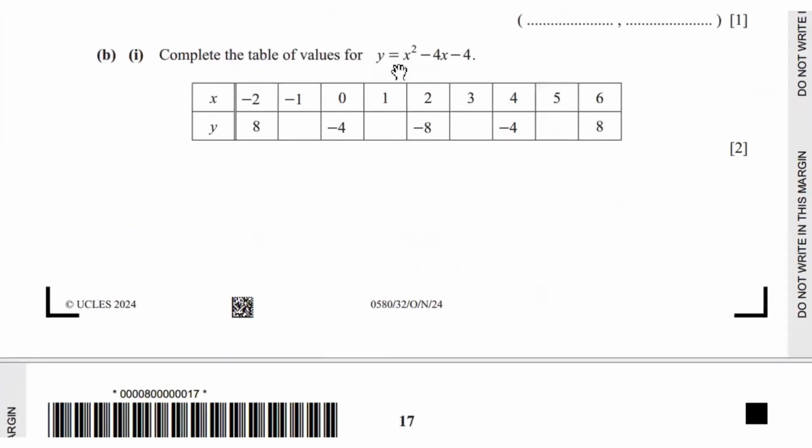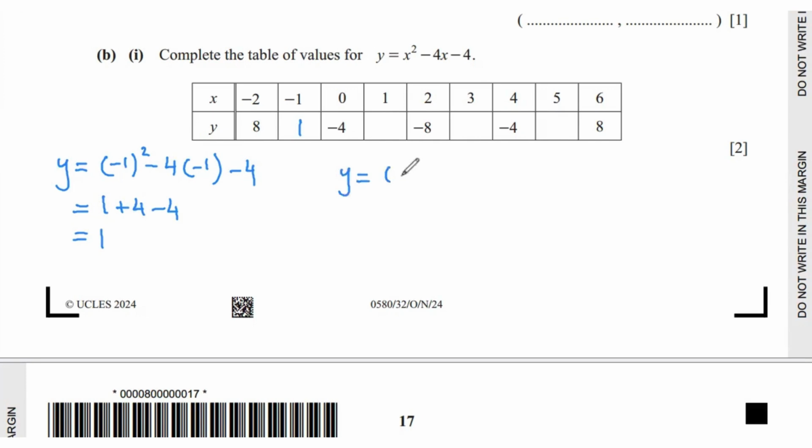Complete the table of values for y equals x squared minus 4x minus 4. The same thing, we substitute the x values to find the y value. y equals negative 1 squared minus 4 times negative 1 minus 4, which is 1 plus 4 minus 4. That's 1. Then y equals 1 squared minus 4 times 1 minus 4.